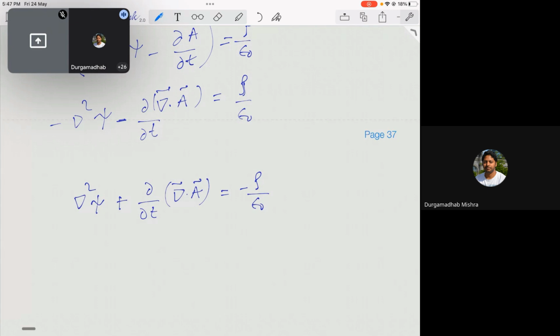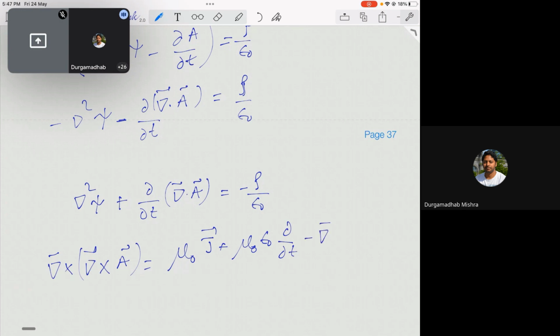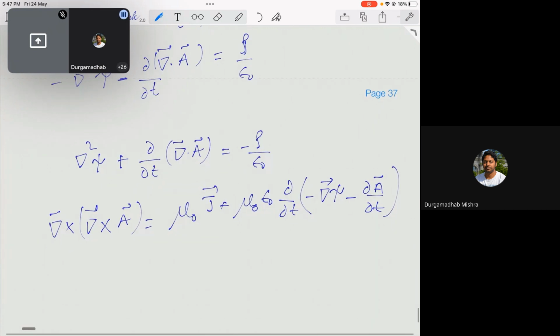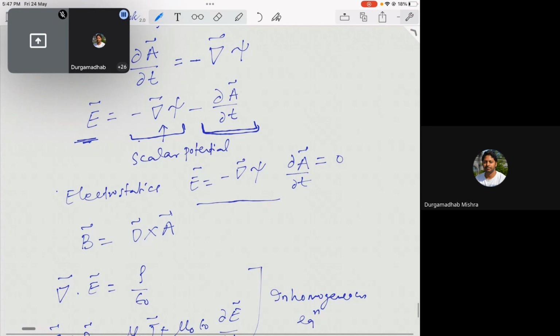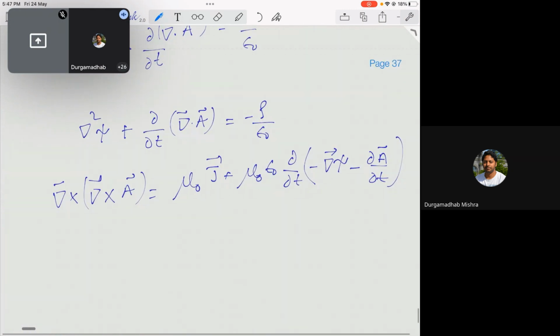Now, let me write down this curl of B, which is curl of curl of A, equal to mu naught J plus mu naught epsilon naught del by del T of, and I simply write again, minus gradient of psi minus del A by del T. So I am simply substituting the expression we have just derived for E into this equation.